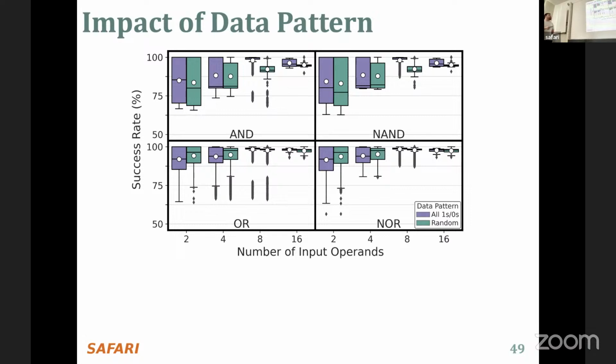So what we've done here is out of specification. In the normal way, you cannot activate more than one row. So we go very far out of specification. As I showed you, the ACT timing is like 36 nanoseconds, and we go down to 3 nanoseconds and 1.5 nanoseconds. This is not officially supported by the vendors.